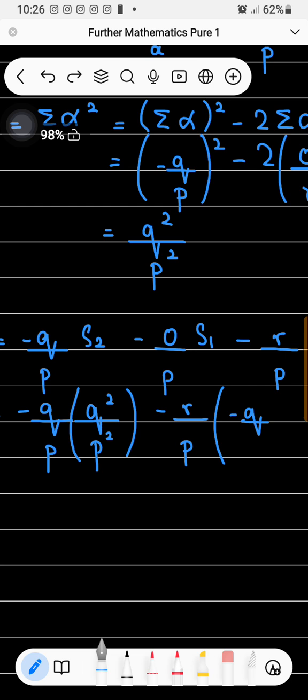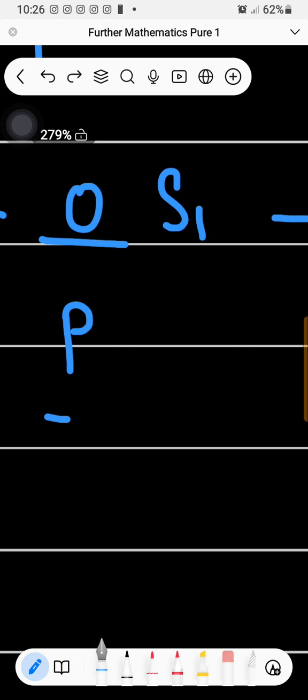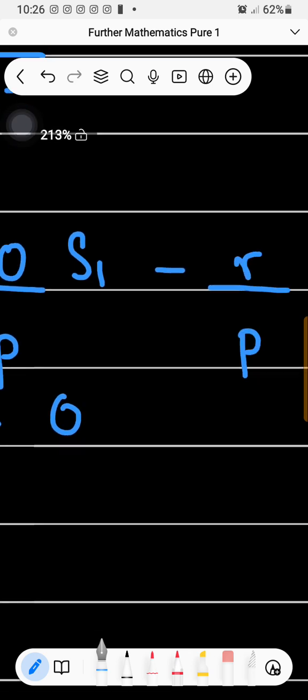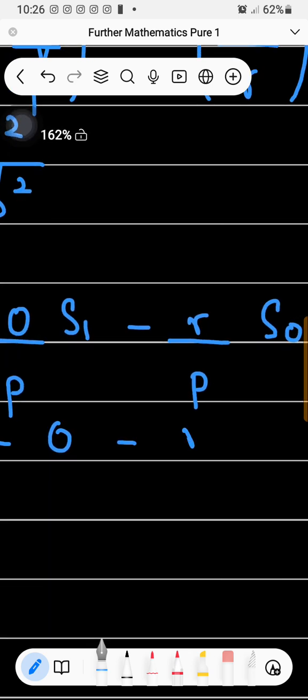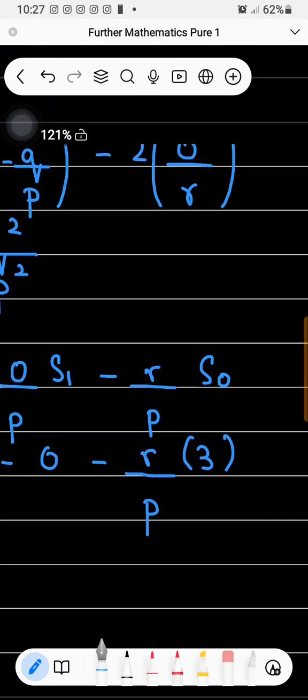So here, first let me write here. If we multiply minus 0 upon p by s1, it becomes 0. Then we have to write minus r upon p, S0 is equal to 3. That was my mistake.